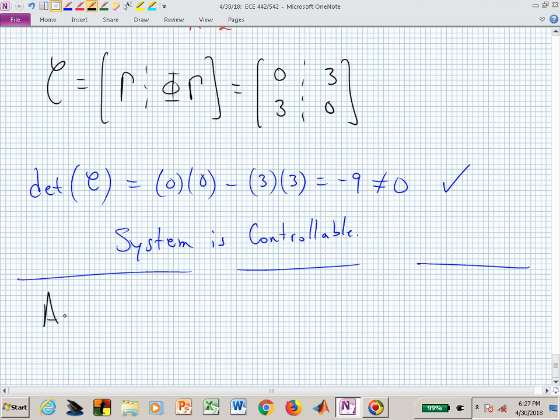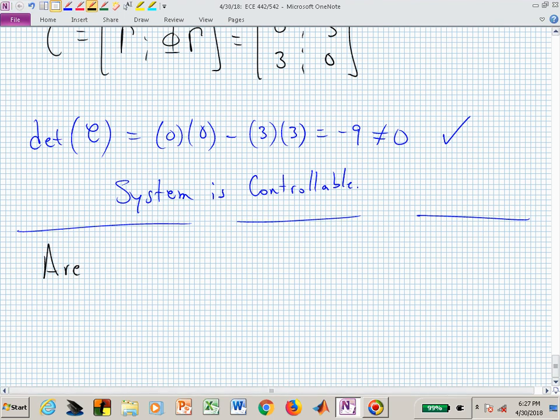Now, if you're still with me, if we have a completely controllable system, are we getting away with something? Now we can change the behavior of our system arbitrarily? We didn't used to be able to do that in the transform techniques. We were restricted by what the root locus looked like.